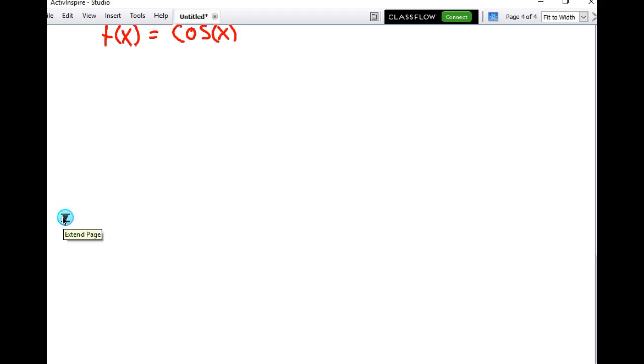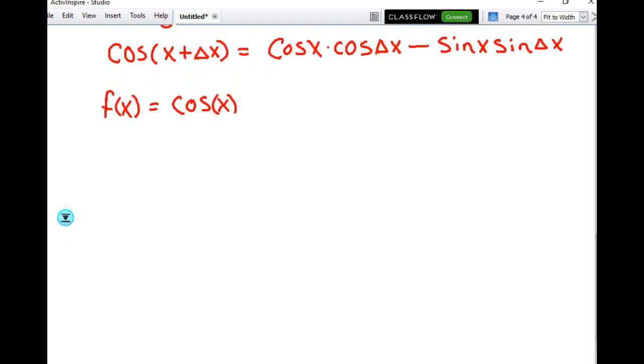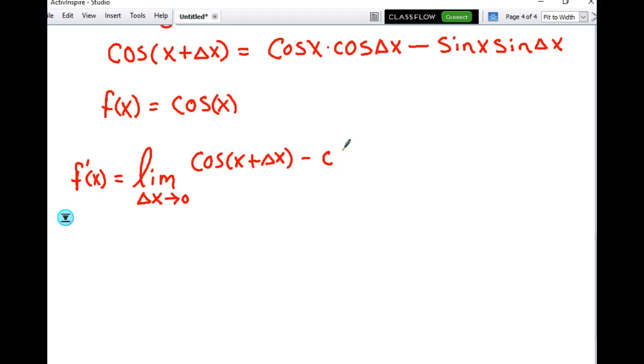Okay, so using our limit definition of a derivative, the derivative then is the limit as delta x approaches 0 of our function, which is cosine of x, but it's going to be x plus delta x for the first piece, minus cosine of x all over delta x.